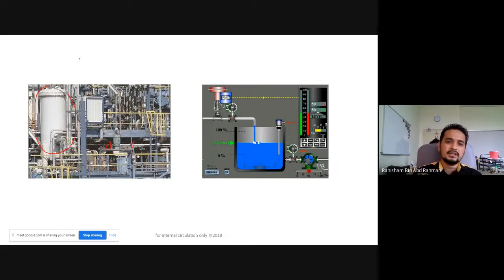If we translate this real image into a process control schematic diagram, it becomes like this one.